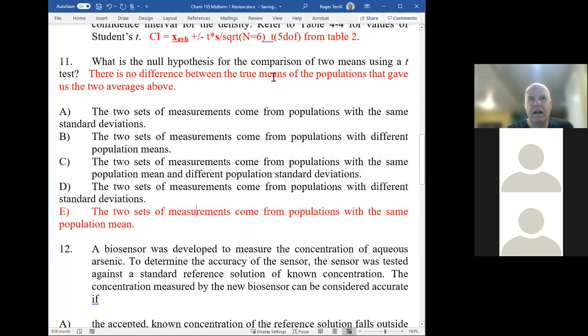Because the difference, the T calculated, is equal to the absolute value of X bar minus mu, right?